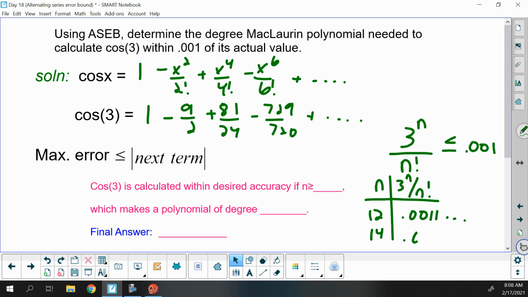The 14th was 0.000054. So that means this is the error, meaning this, the one before, is the one that we want. So we need to make sure that it's calculated out when n is greater than or equal to 12, which makes it a polynomial of degree 12. So our final answer would be 12.